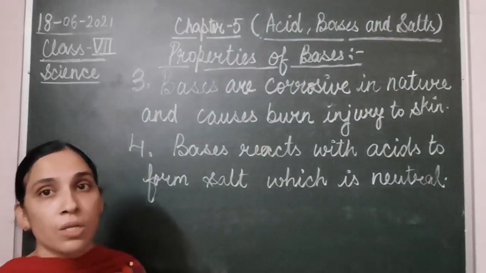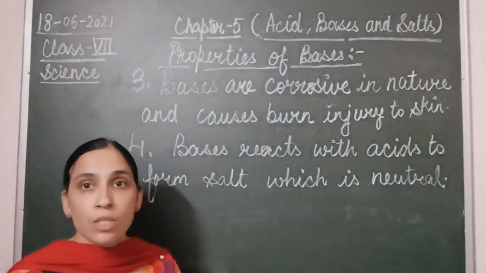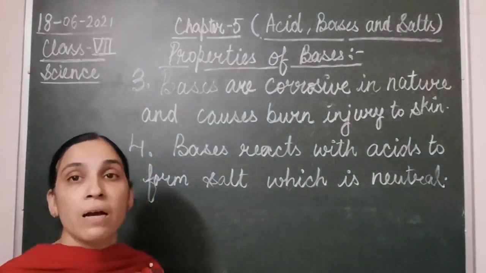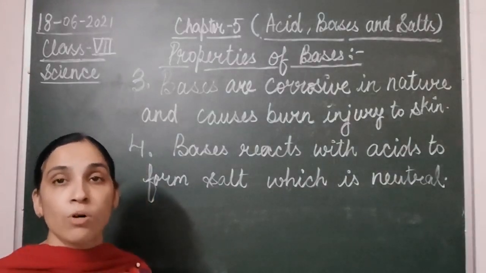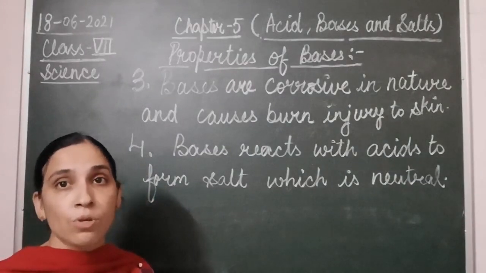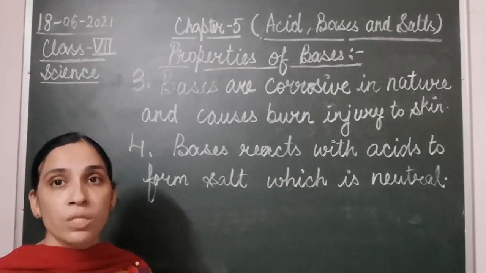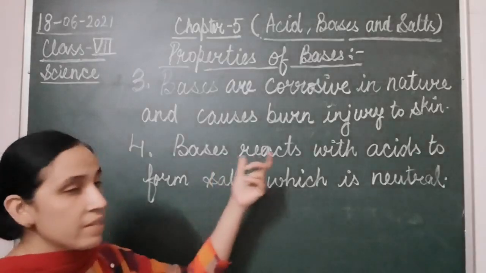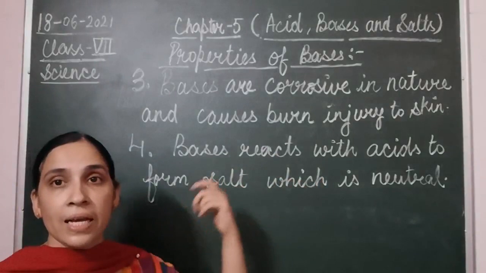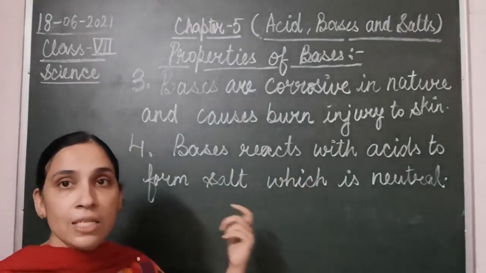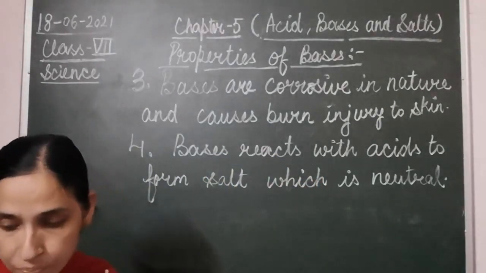These salts are neutral. We get sodium chloride, magnesium chloride and calcium chloride, and all these salts we get by these reactions only. When acids react with bases, these salts are formed.